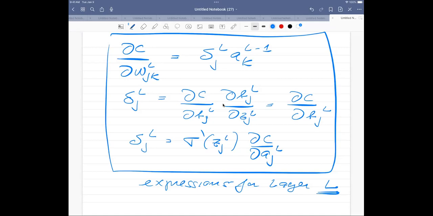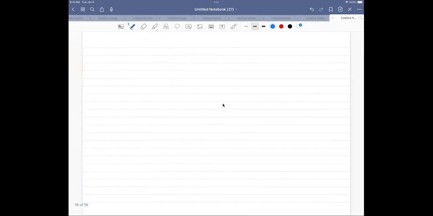So what about, and this is the final thing which we need, a final expression. What about layer l? So let's set up these final expressions. We let L go over to little l, which could be any layer.